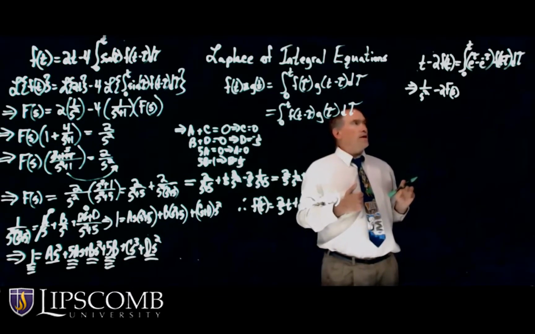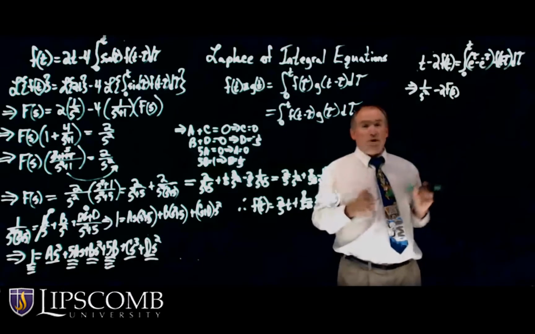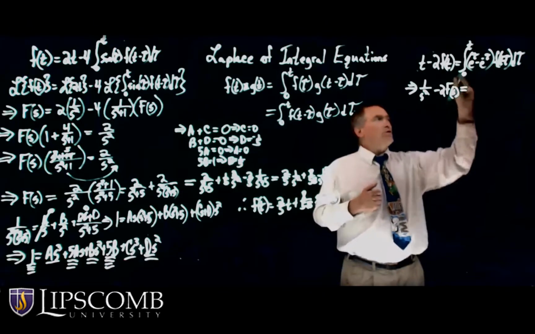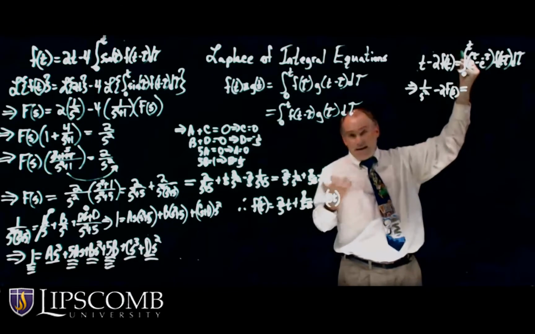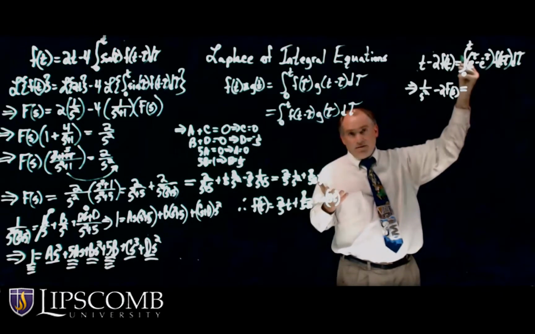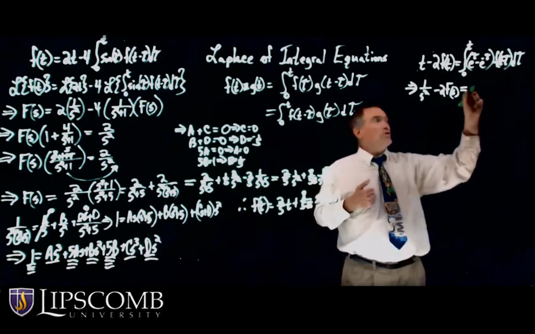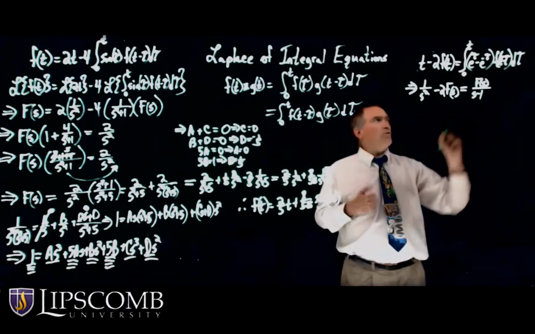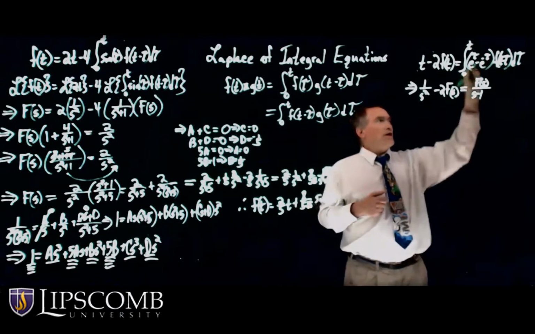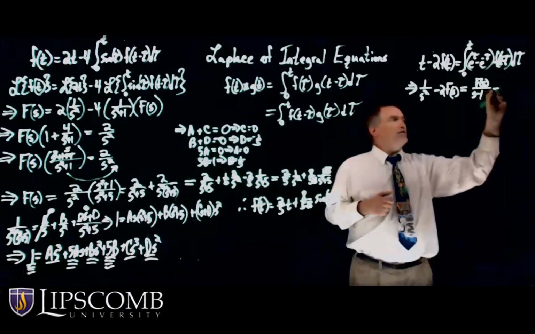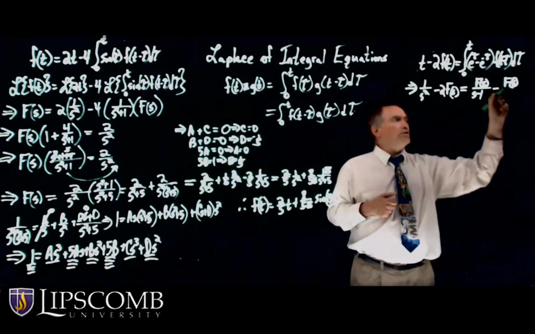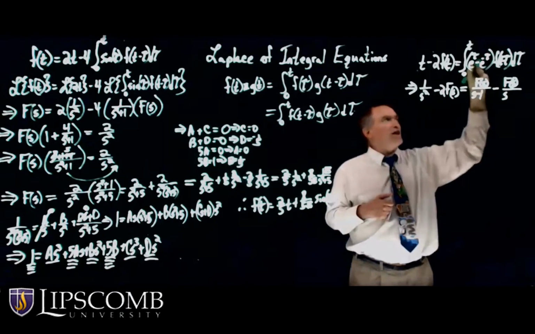So what do you get? What's the Laplace of the convolution? It's the product of the Laplaces. So what's the Laplace of e to the t? Well, think about it. That would be F of s over s minus 1. Then this one, minus, it'd be F of s, because it's the product, over s minus a negative 1.